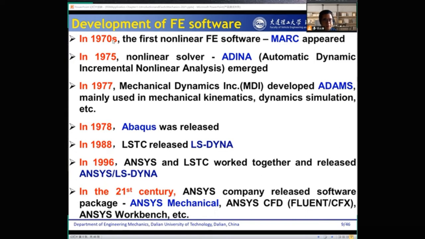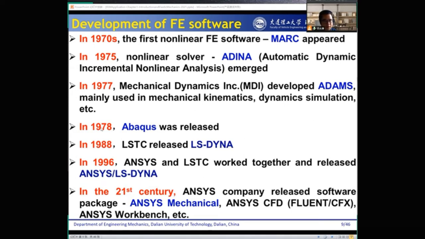Then in the 1970s, the first nonlinear FE software, Marc, appeared. Five years after, another solver, Adina, emerged. Two years later, Adams was developed, which is mainly used for mechanical kinematics and dynamic simulation.